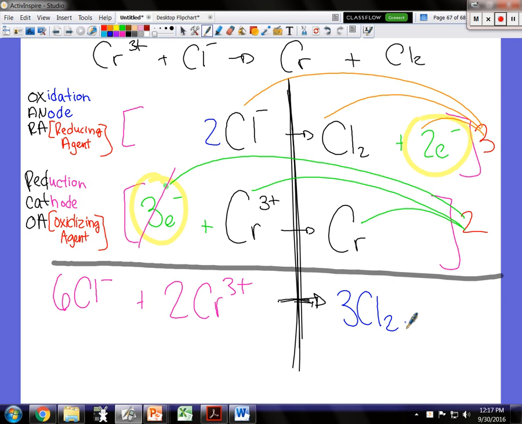Now, I've got electrons again. What do I do with those electrons? Get rid of them. I don't need them. Am I out of products on the top half? Let's go to the bottom half and be very specific. What do I have on the bottom half? Do I have anything left? I'm out.